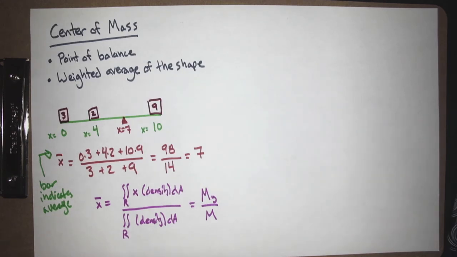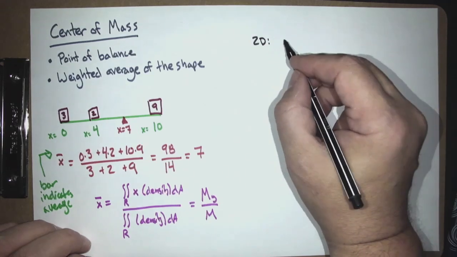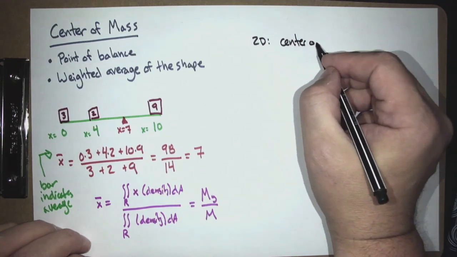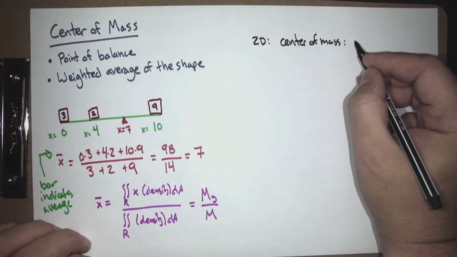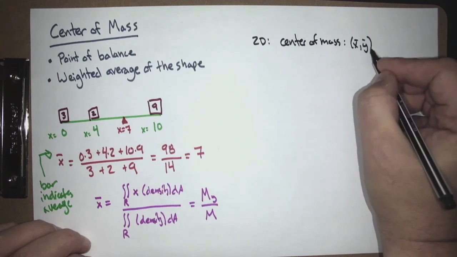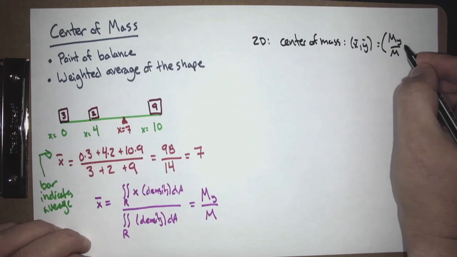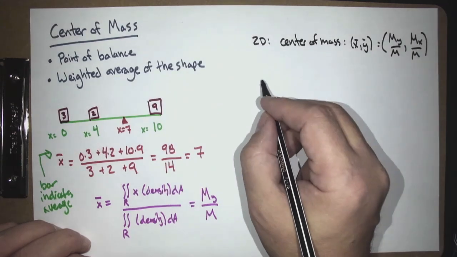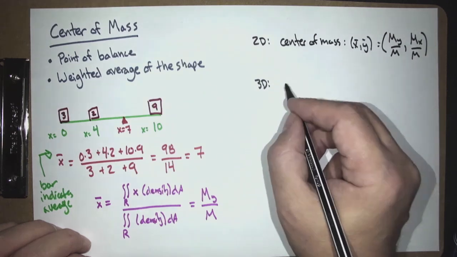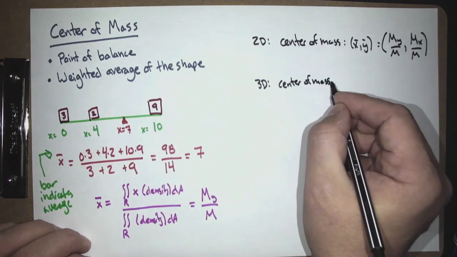So, for 2D, our center of mass can be computed using the following. x bar, y bar is moment with respect to y divided by mass, moment with respect to x divided by mass. In 3D, same kind of argument. What's the center of mass?